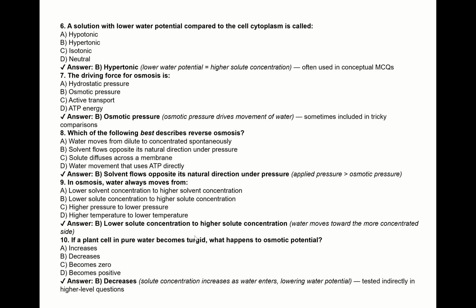If a cell is turgid, then what happens to the osmotic potential? Osmotic potential is basically with respect to the solute concentration. When you add more amount of water, solute concentration decreases.